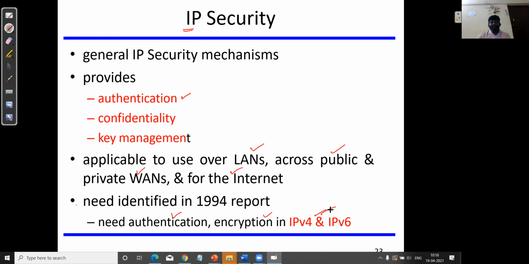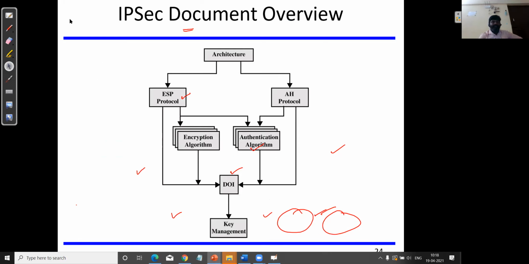When we talk about IP version 4 and IP version 6, what is the IP address size in bits for each? I think you would have studied in computer networks: IP version 4 is 32-bit and IP version 6 is 128-bit.